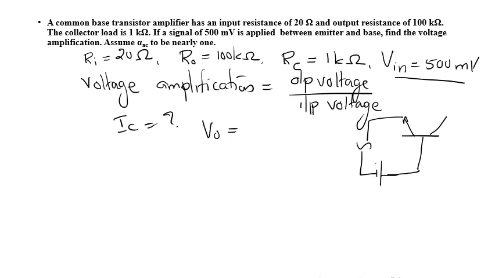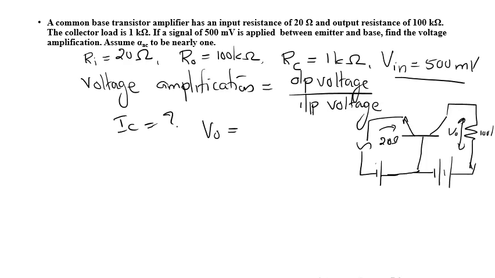The output load is given as 100k, and the input resistance is 20 ohm. From this, what we want is to find the output voltage VO.